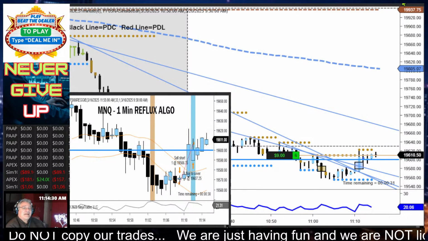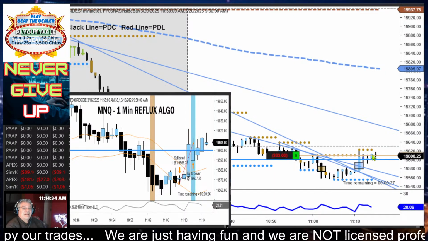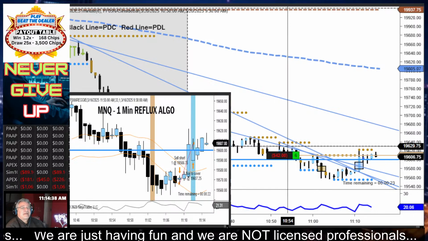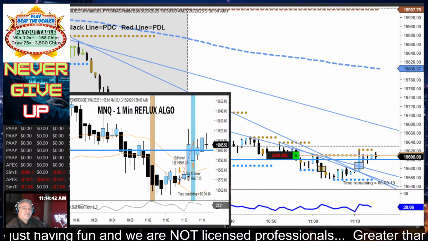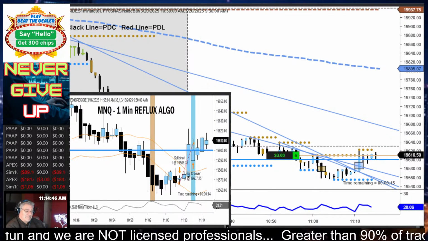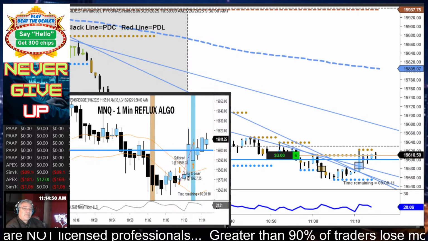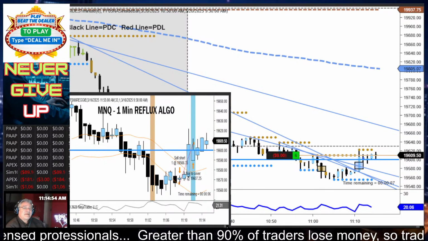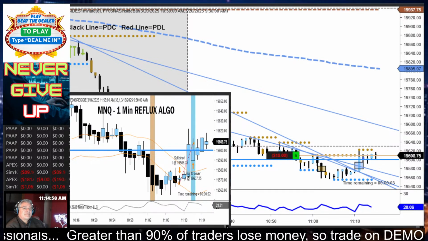Well, we still got to get a close above the initial balance low, which is at 630. Yeah, I missed my add point when it was 7 bid.